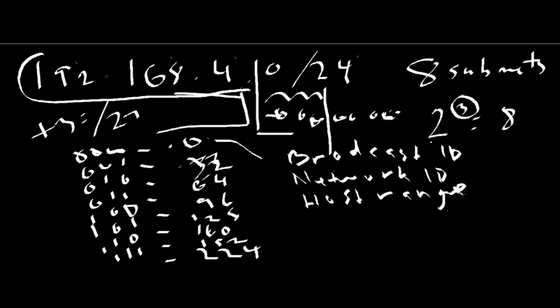Can you guess? Remember, you have 30, right? It would have been 32, but you took 2 away from the 32, and you have 30. That's your host range, your network ID, your broadcast ID, the next network, right? You may be asked, okay, what's the network that comes after 192.168.4.96? And quickly you say, oh, okay, it's 192.168.4.128, right? So that's the next network.